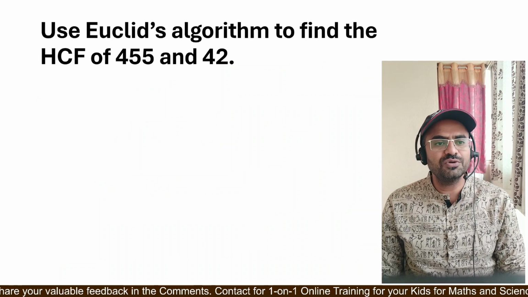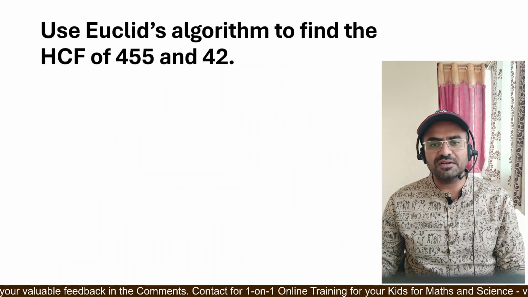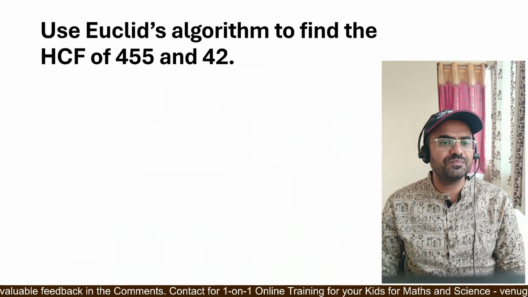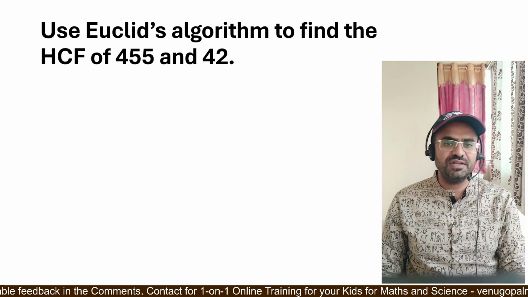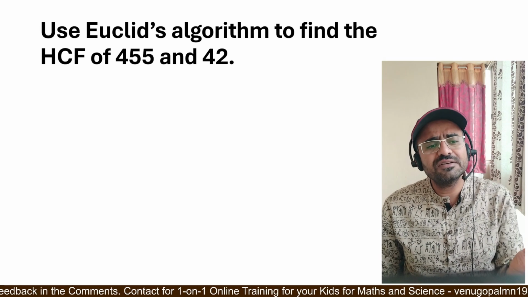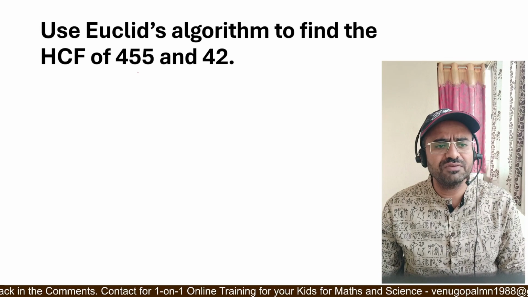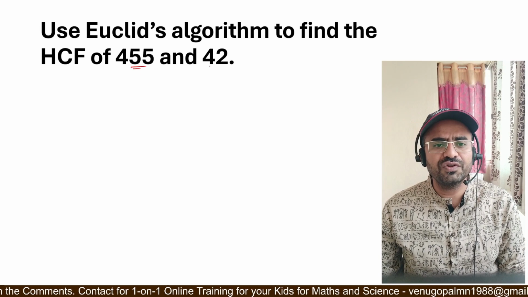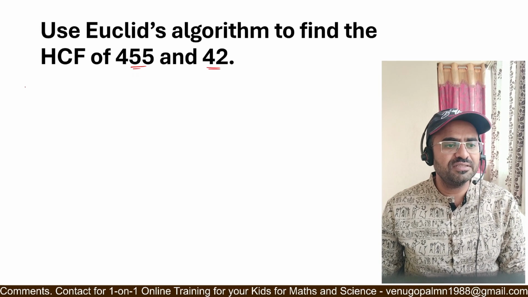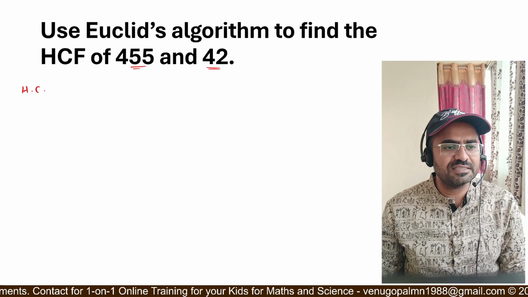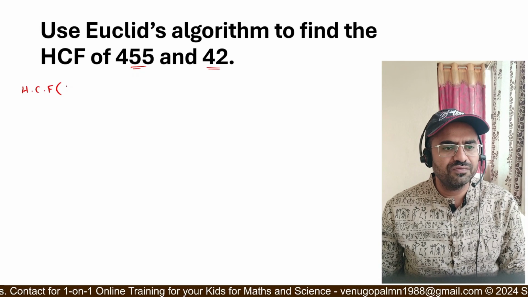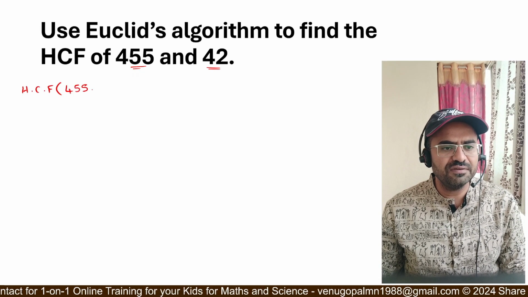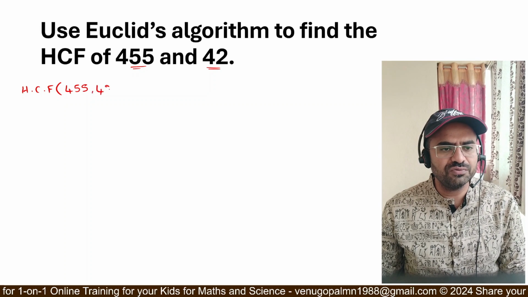The examples are given in your textbooks. Use Euclid's algorithm to find the HCF of 455 and 42. What is HCF? We have to find the highest number which is going to divide 455 and 42. We can write this as HCF of 455 comma 42.